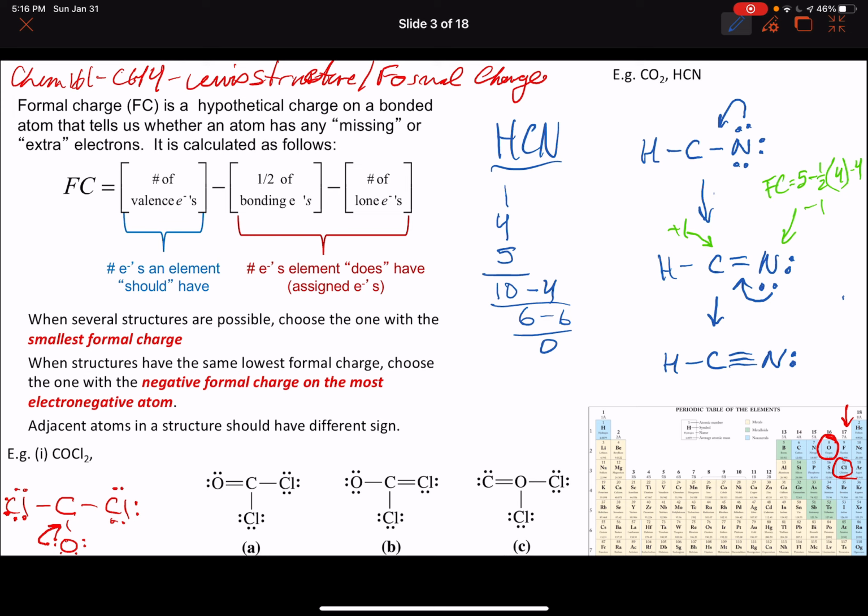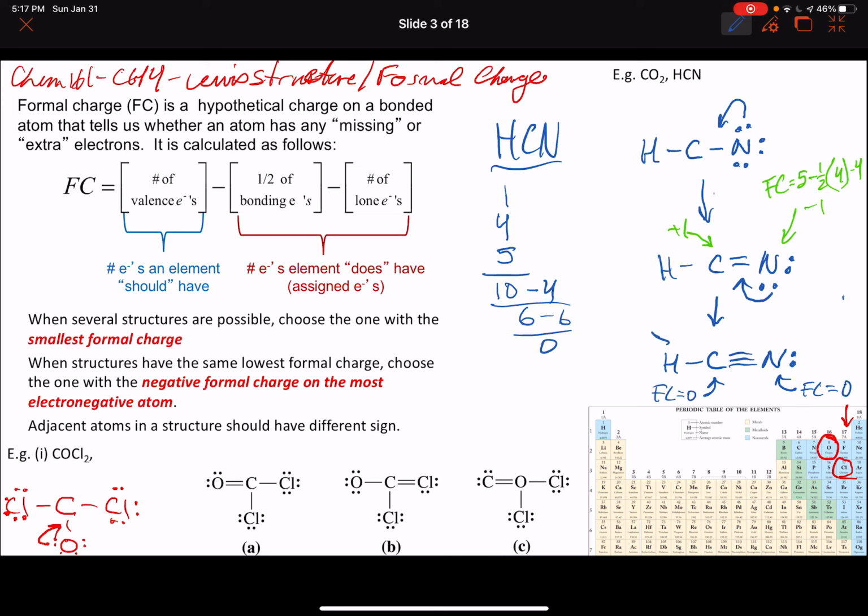Okay, we can do a quick formal charge here. So now nitrogen is 5 minus half of the 6, so 5 minus 3 is 2, and then minus the 2 for the lone pair, that's a formal charge of 0 right there. Carbon, 4 minus half of the 8, that's a formal charge of 0.